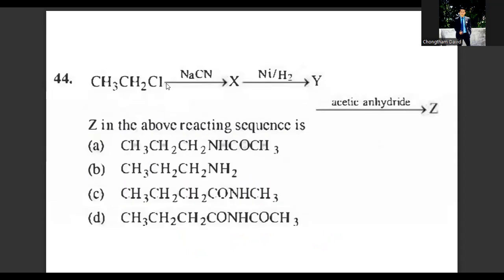Let us move to question number 44. You're asked to find Z from the schematic reaction scheme. Z in the above reaction sequence is... On addition of sodium cyanide to chloroethane, you're going to have ethyl cyanide. Then catalytic hydrogenation gives an amine.